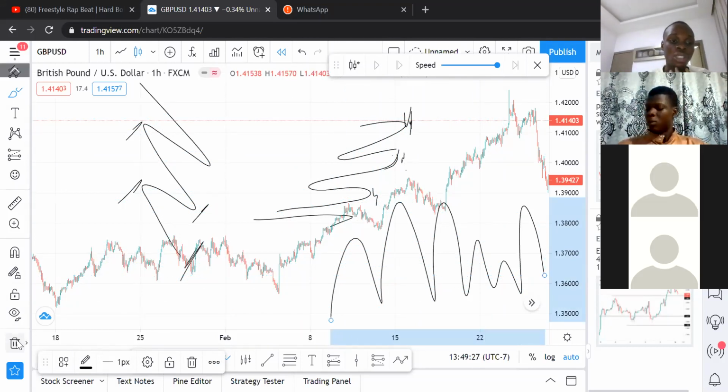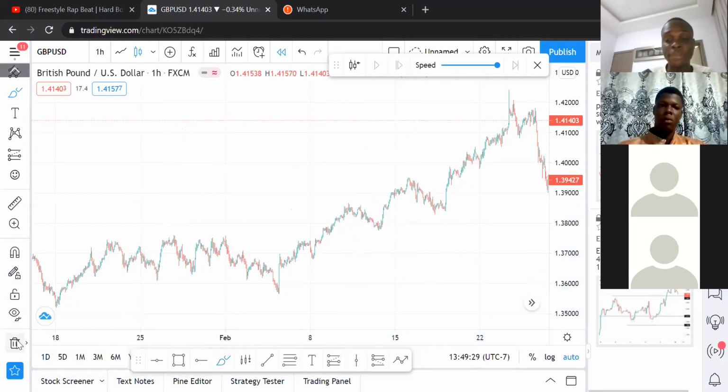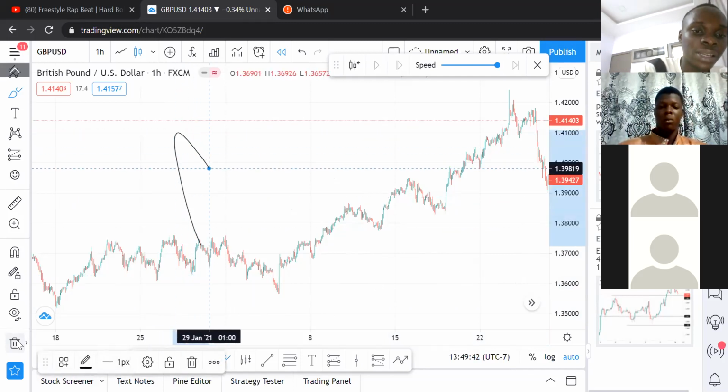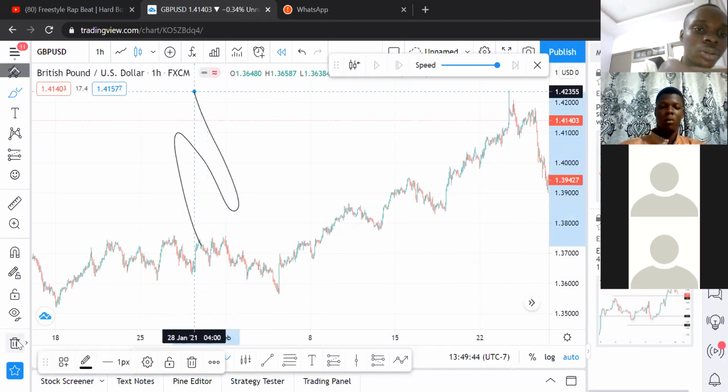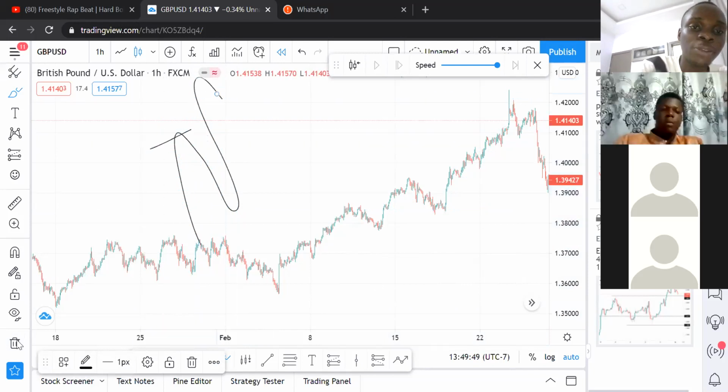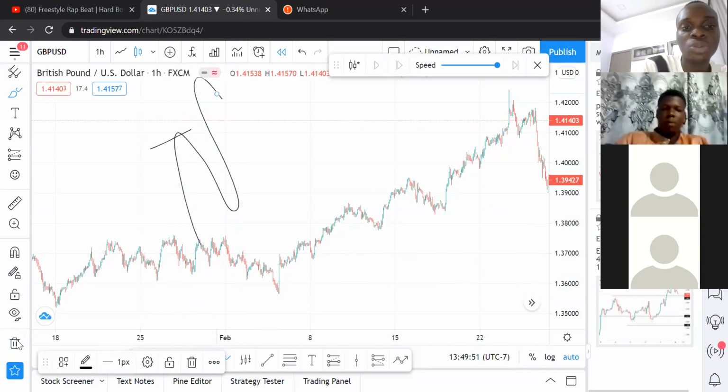Now, if you're in an uptrend market and you want to buy and sell, you can use your higher highs and higher lows for your targets. For example, you don't have to do the extreme. Say you have an uptrend market like this. This one is greater than this one. If you want to buy the market, it is not advisable to buy from this spot.